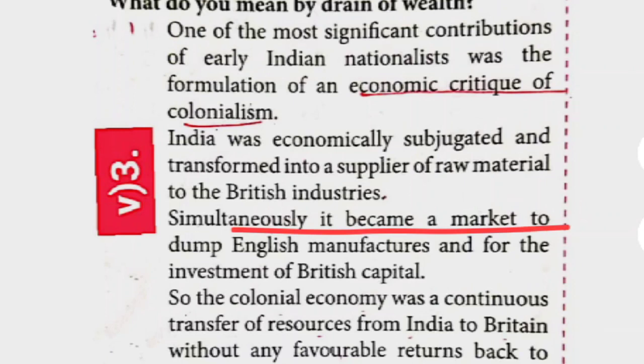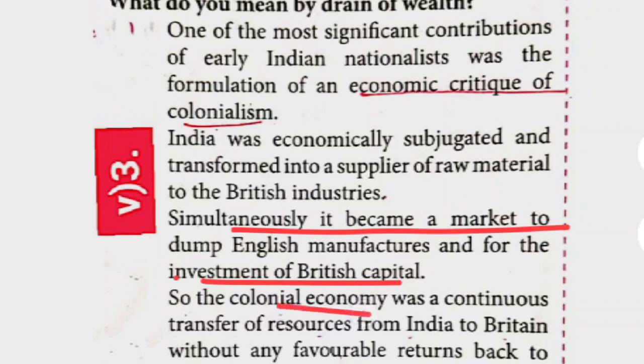So who got the benefit? The English people and the English government got the benefit. Simultaneously, India became a market to dump. English manufactured goods were dumped here, stored and kept here, and for the investment of British capital, in order to get the profit. So in order to get the profit, the British people made India their market.